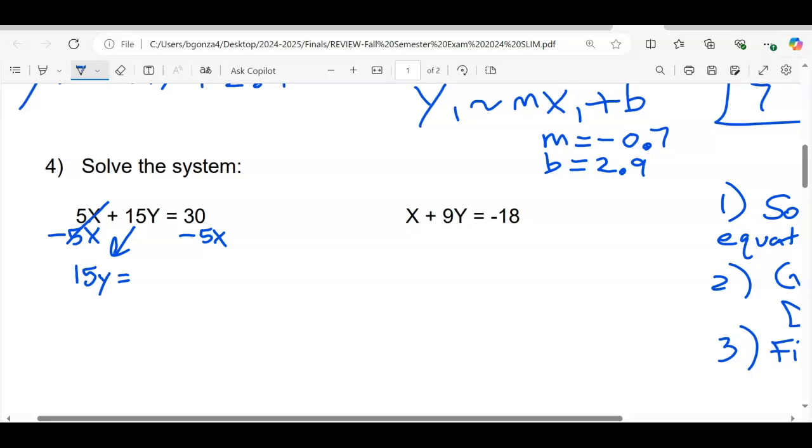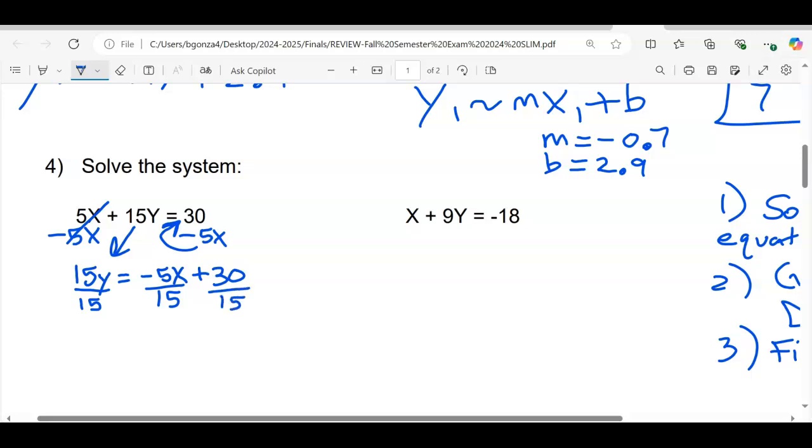And remember, this is mx, this is b. mx goes in front of the b. So the negative 5x goes first, and then the positive 30, or plus 30, goes second. Cool. Second step, to get rid of this coefficient 15, divide by 15, divide by 15, divide by 15.